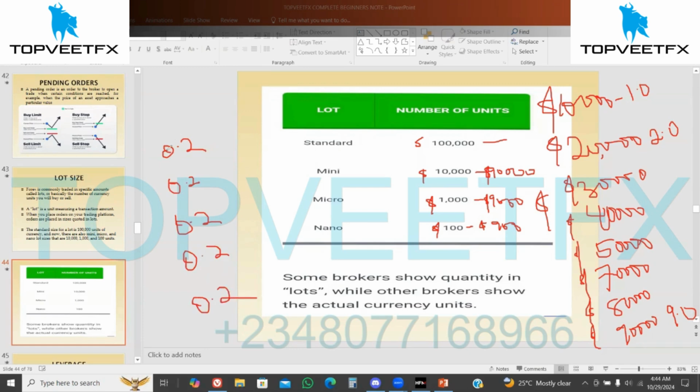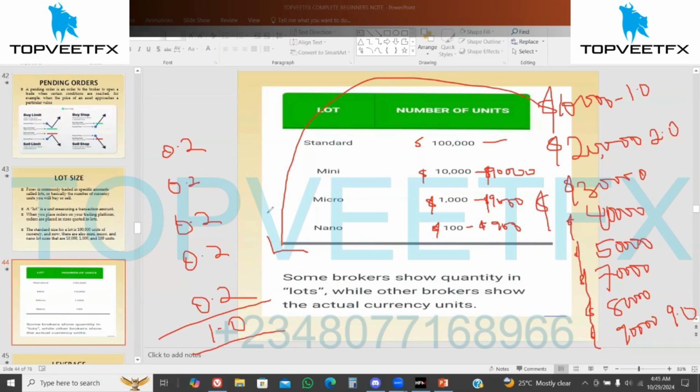If you add all these together, what does it give you? It gives you 1.0. Everything will result in 1.0. So meaning that you are still using around your $10,000 equity.